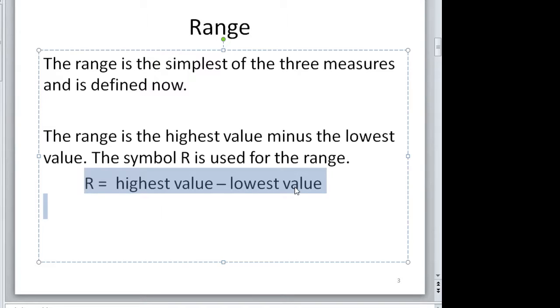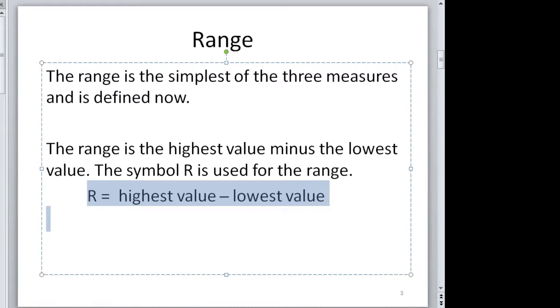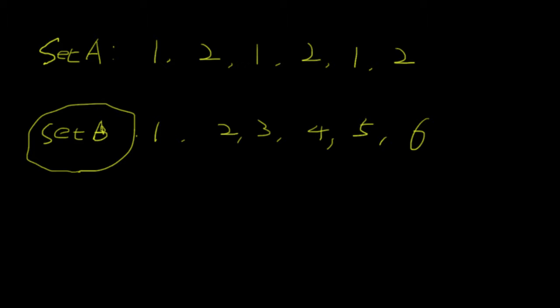That's a reasonable guess if you really think about it. You find the highest value and the lowest value and you subtract. That's a pretty easy solution, don't you think? Let's go back to this.